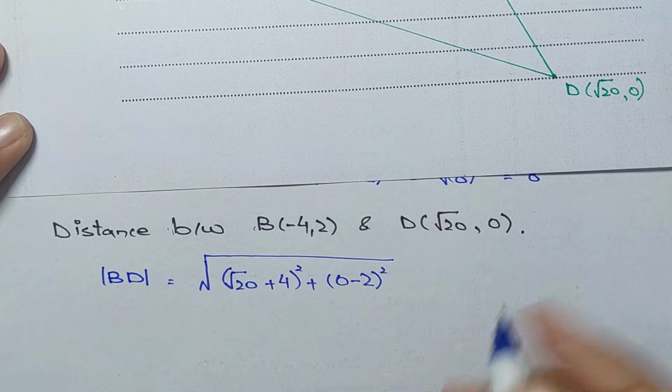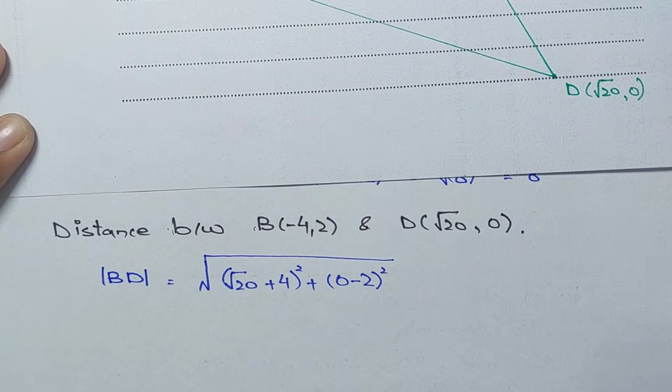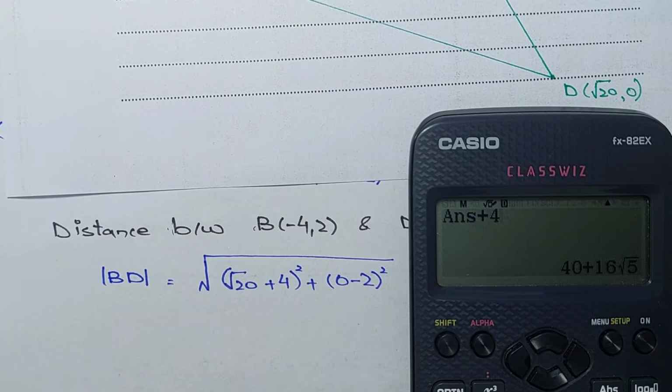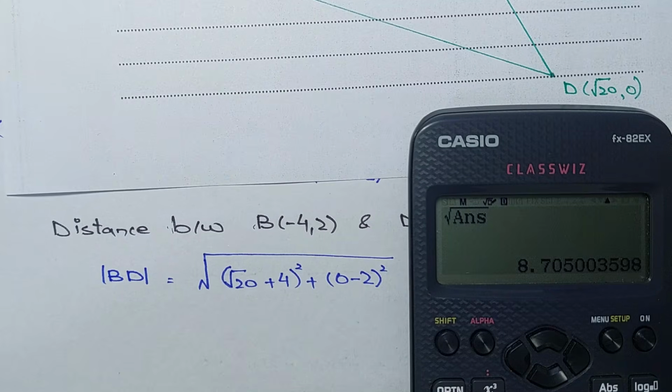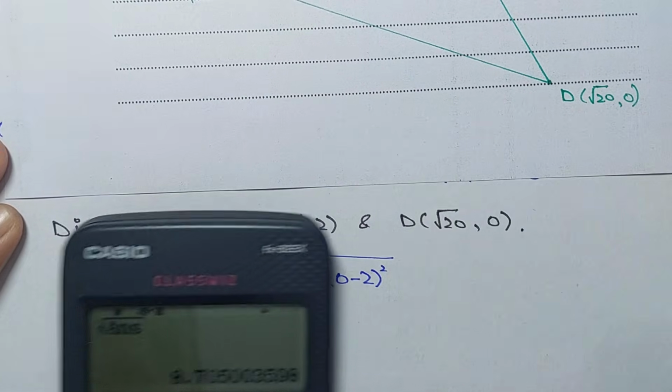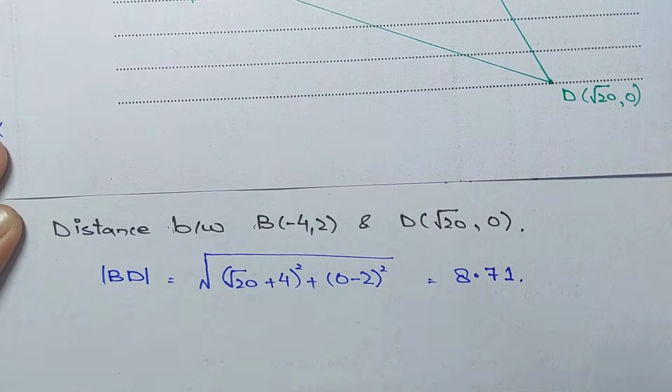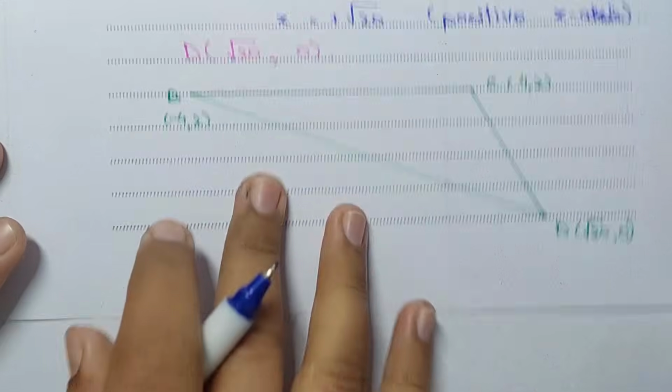Okay, let me simplify this distance. (Root 20 plus 4) whole square, plus 4, because minus 2 square is 4, and the square root of the answer is 8.705. This is 8.71.